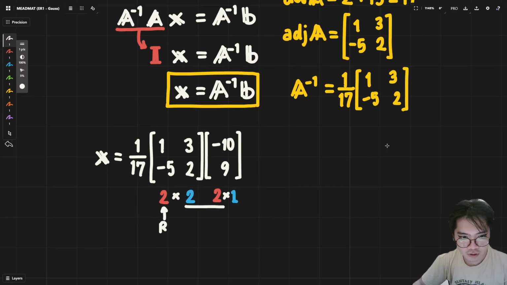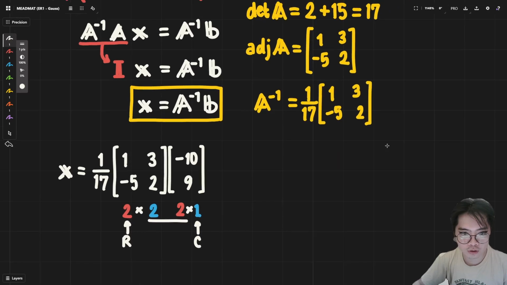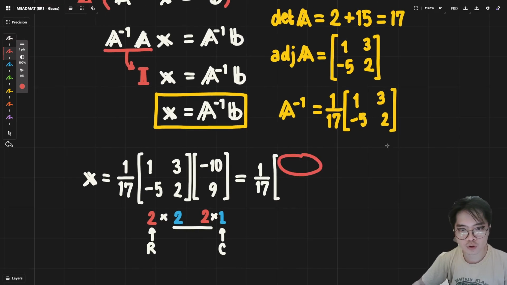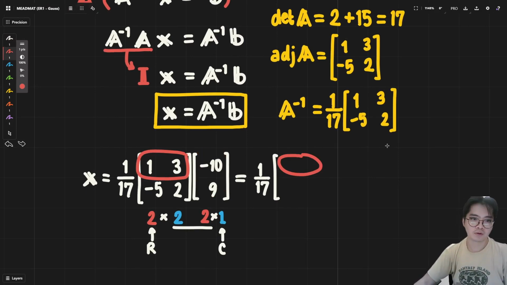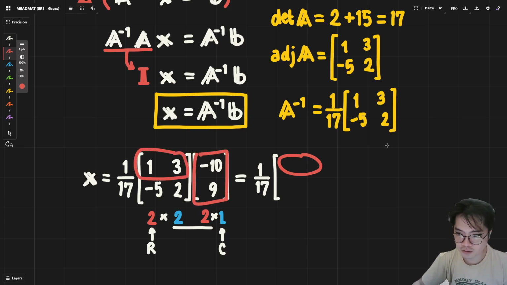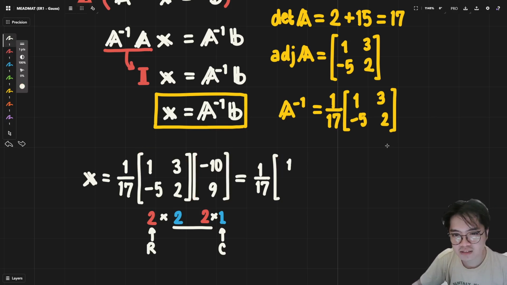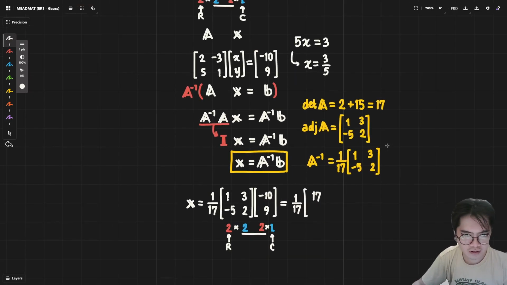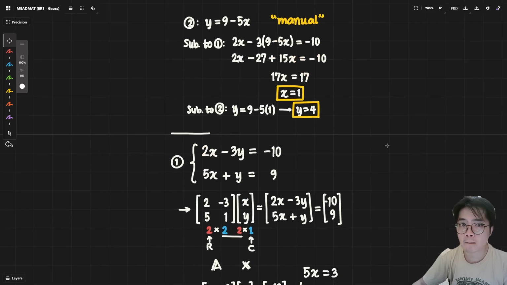This is now your new size. This will still be a column vector or a column matrix. And so now, first row times the column, we will have negative 10 plus 27, which is 17. Very interesting. And also, do you remember the negative 10 and the 27?